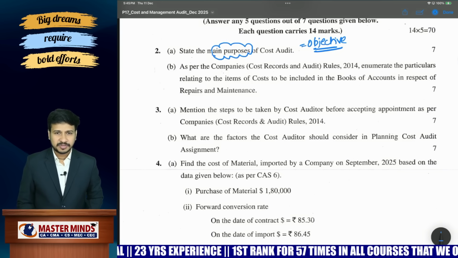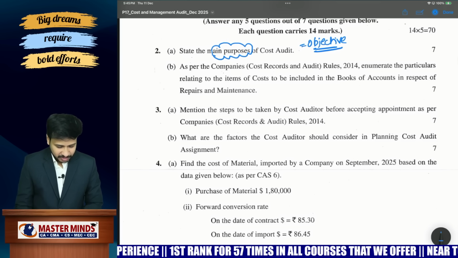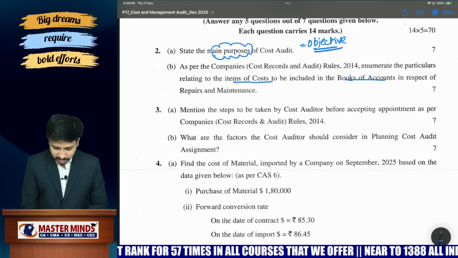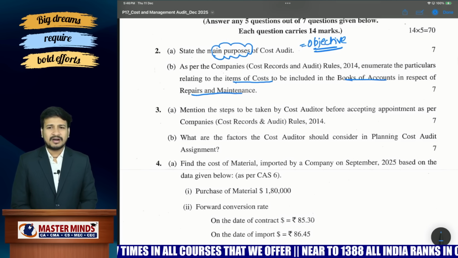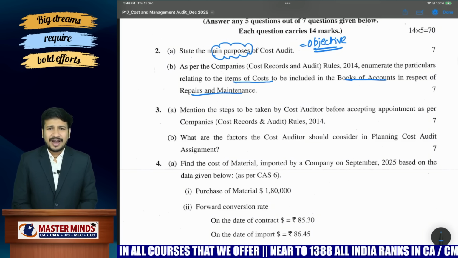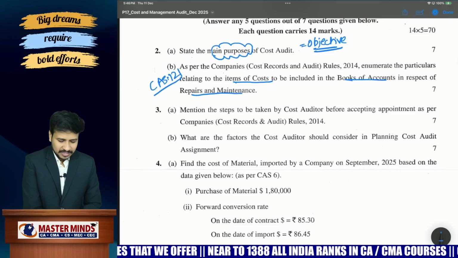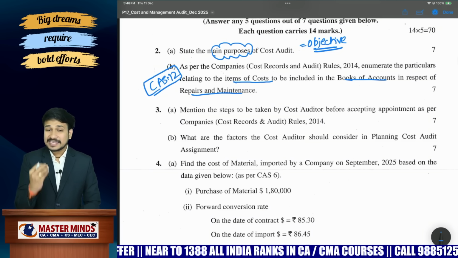Coming to question number 2B: as per the Companies (Cost Records and Audit) Rules 2014, enumerate the particulars relating to items of cost to be included in the books of accounts in respect of repairs and maintenance. Frankly speaking, the majority of other faculty are saying this relates to CAS 12. But the exact question is about CRA 1.